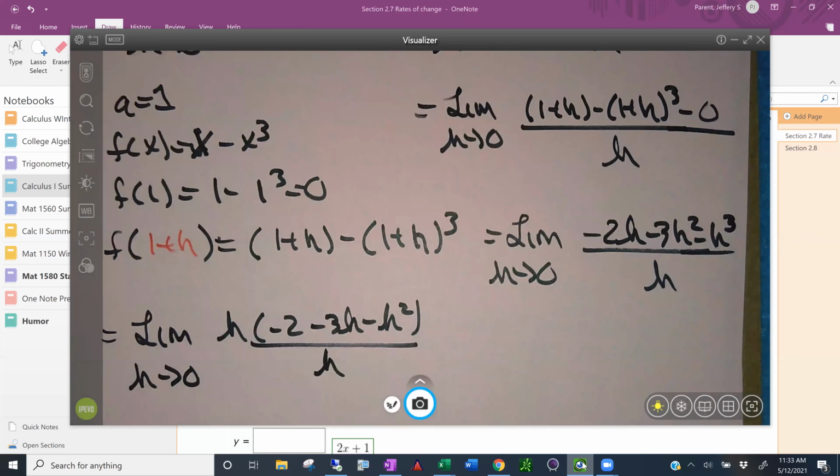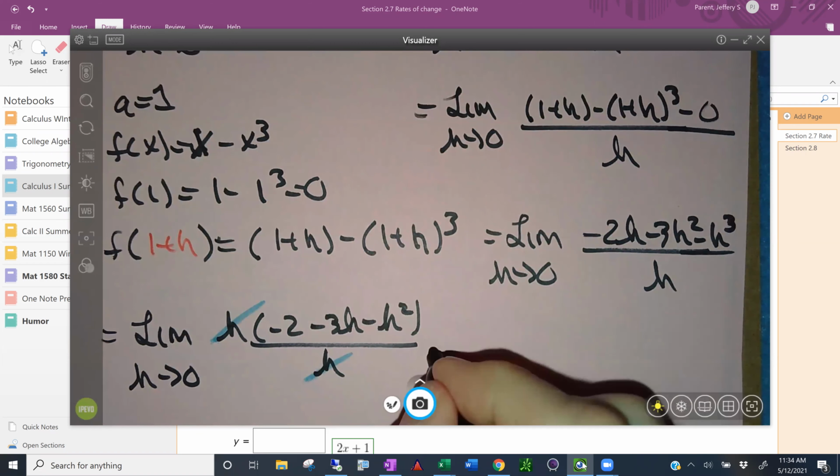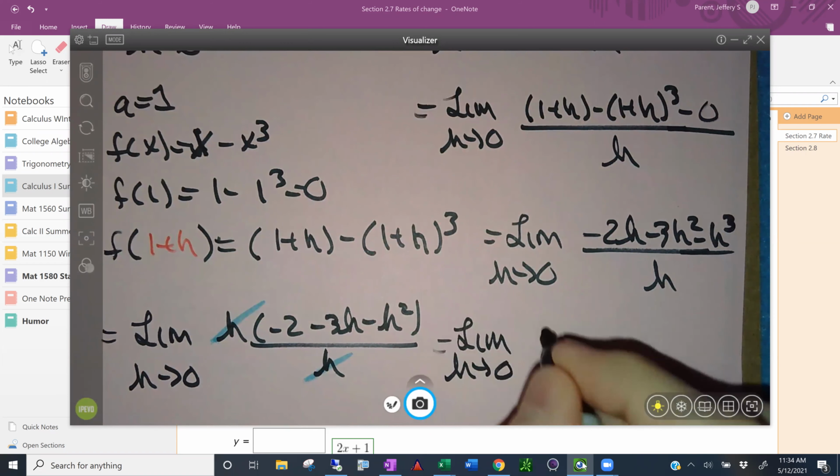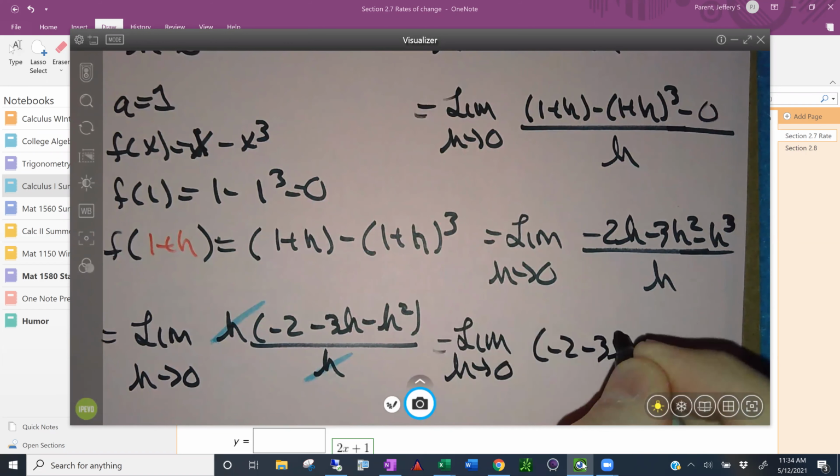Now I'm in good shape, because the h is canceled. That leaves me with the limit as h approaches 0 of negative 2 minus 3h minus h squared.